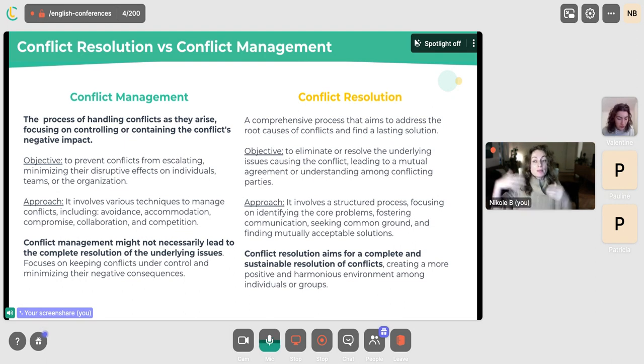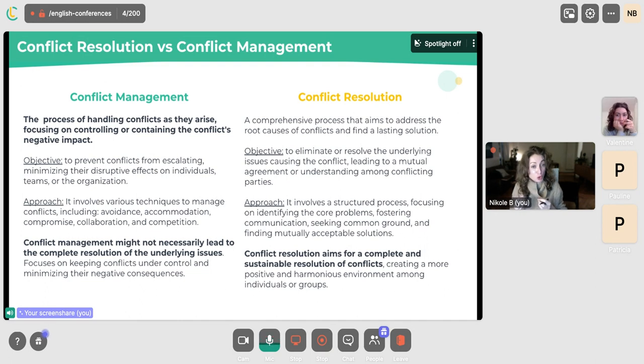The objective of conflict management is actually to prevent conflicts from escalating. So you want to stop it from getting worse, and you want to minimize any disruptive effects it could have on teams, on the organization as a whole, or on individuals.